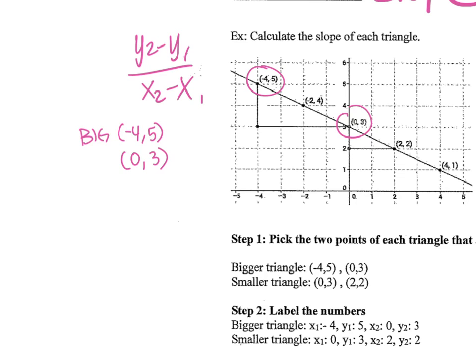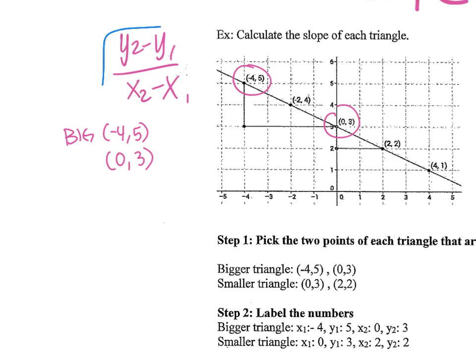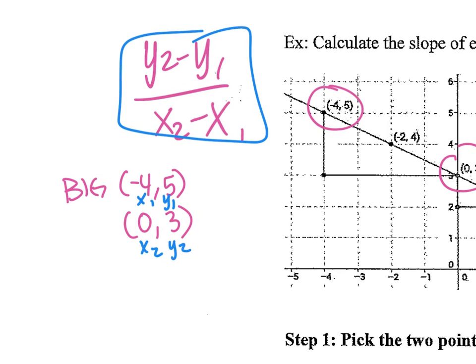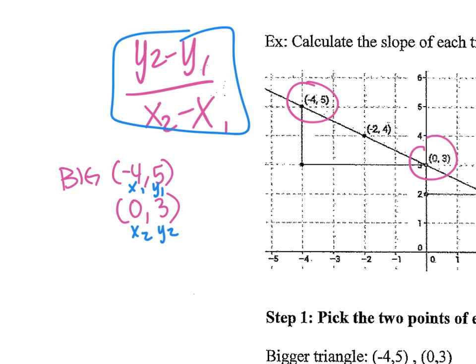So if I find the slope of my big triangle using that formula, I'm going to label those points x1, y1, x2, y2. So y2 was 3, minus y1, which is 5.